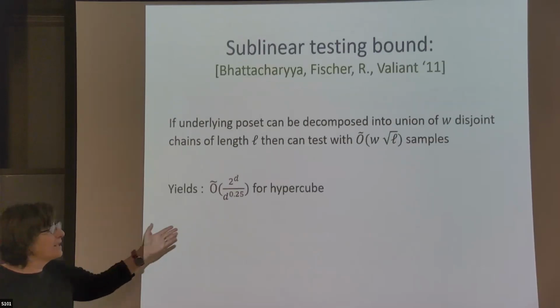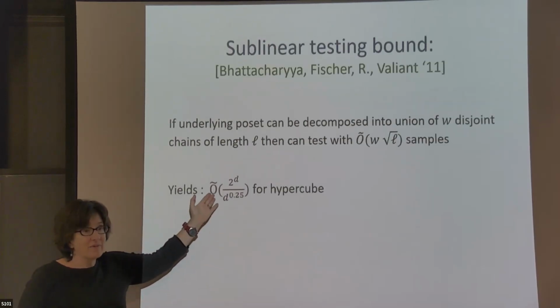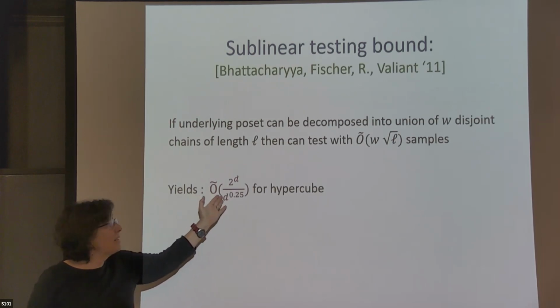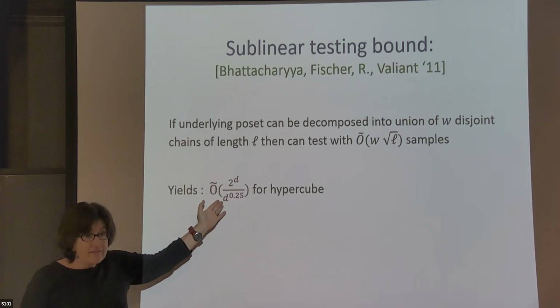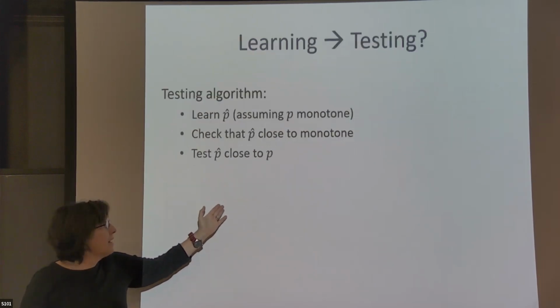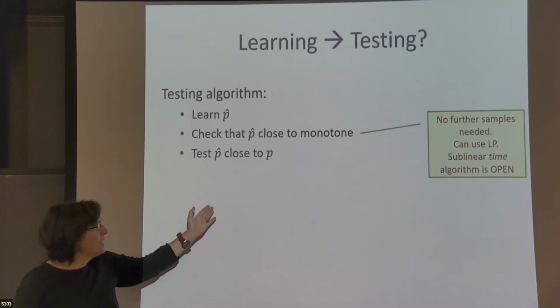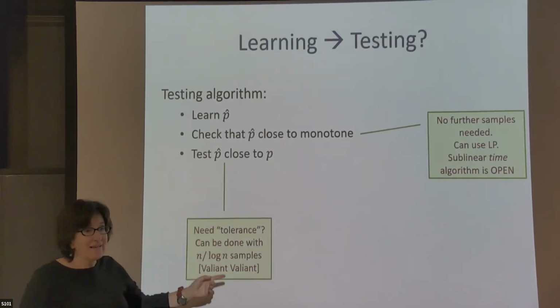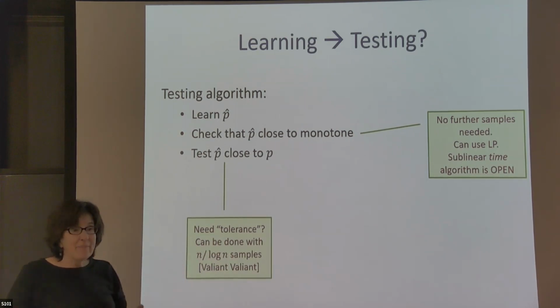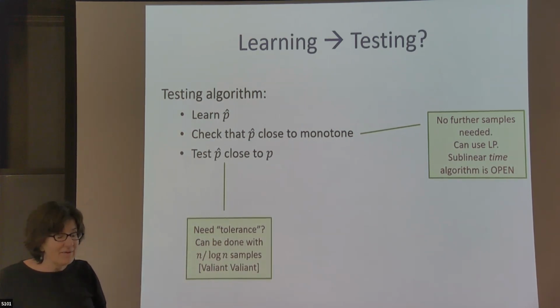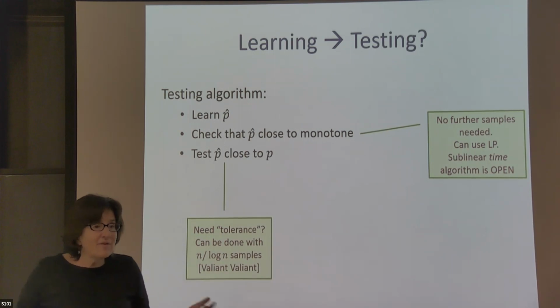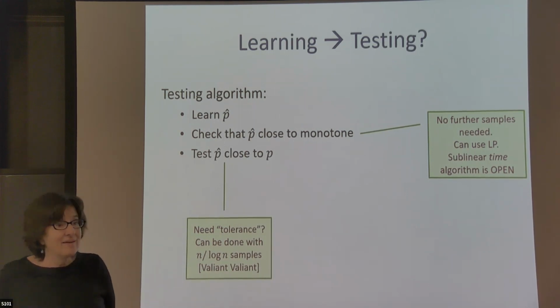It's not written that way, but I think this can be made into one. It's just the sample complexity is not optimal. So I think what's open is n over log n samples and time, even n over log n samples and sublinear time for learning monotone distributions.